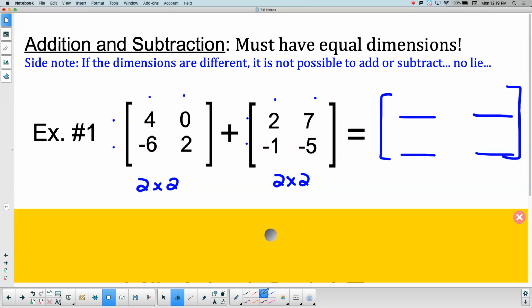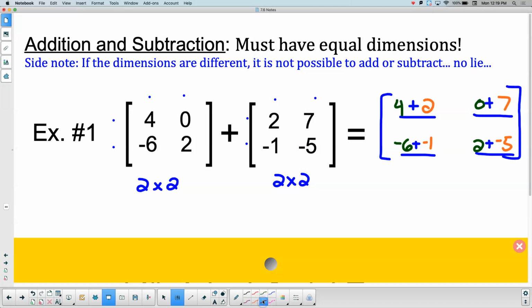I'm going to take the elements of the first one and add to them the elements of the second one. Four plus 2 is 6. 0 plus 7 is 7.